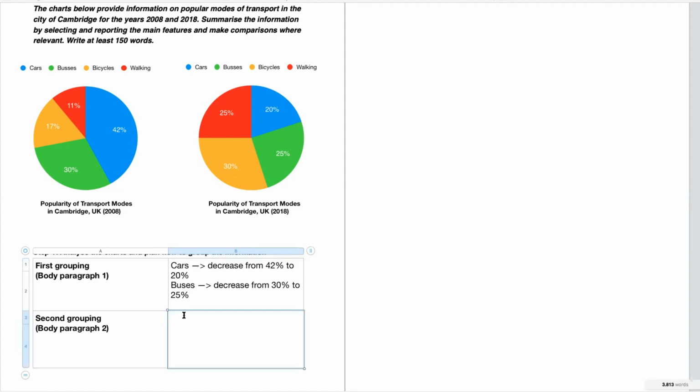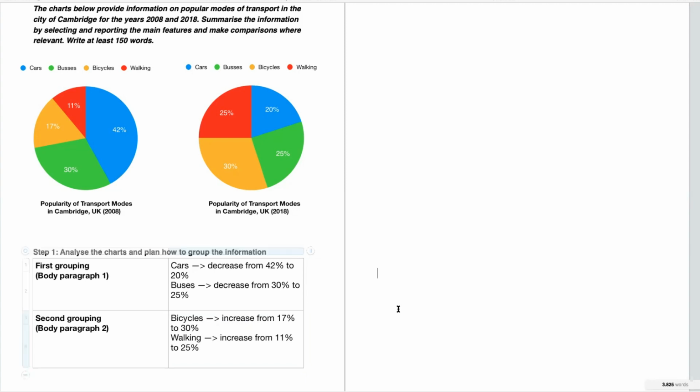And that leaves the second grouping with this red and orange, so walking and bicycles. So I've got here bicycles, and that has increased from 17% to 30%. And then walking, we see that has also increased. So increased from 11% to 25%.